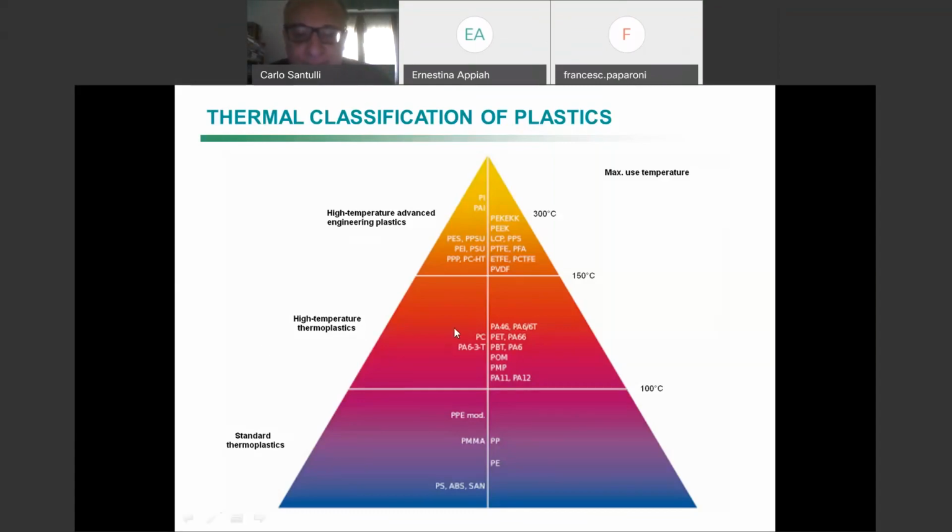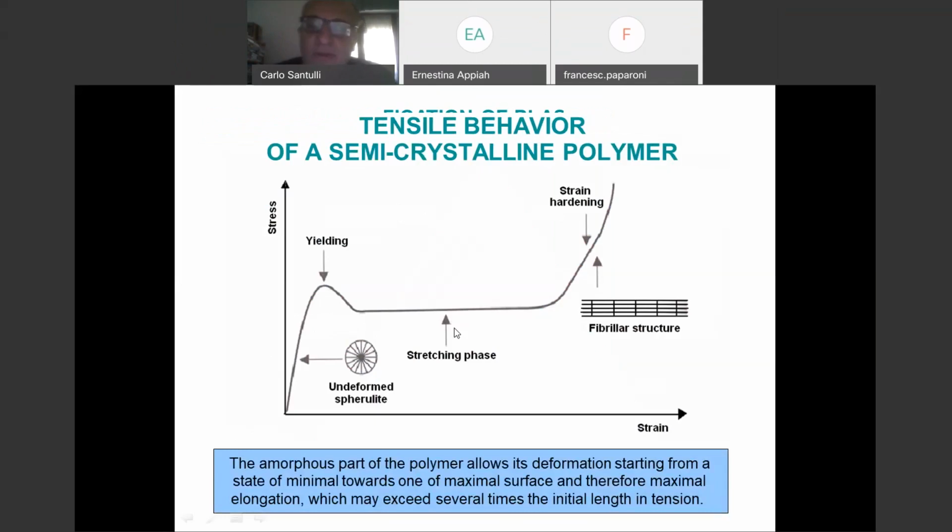Also, you remember how steel was behaving in tension. A semi-crystalline polymer, which is the most common case, has some crystalline part, which is usually arranged in this kind of spherulite.